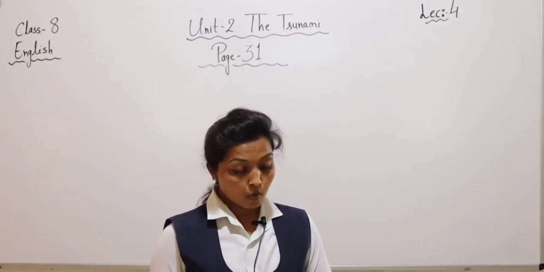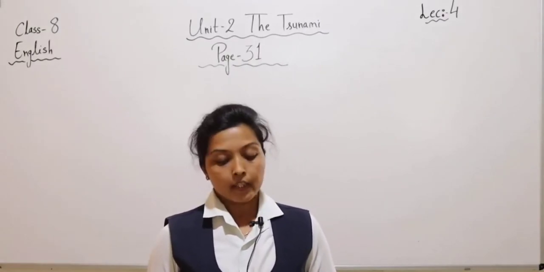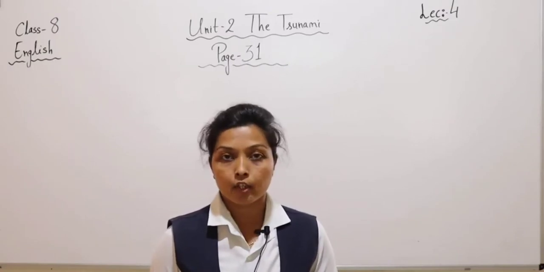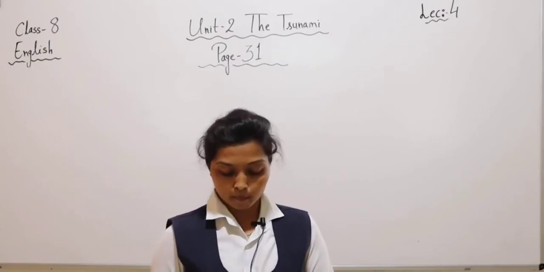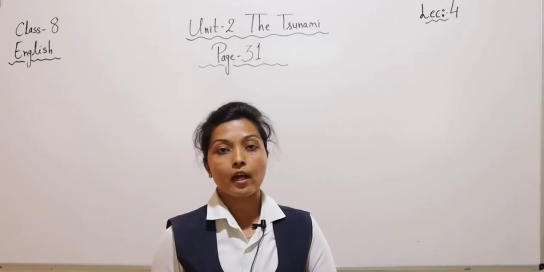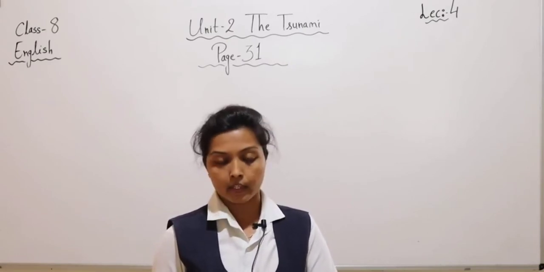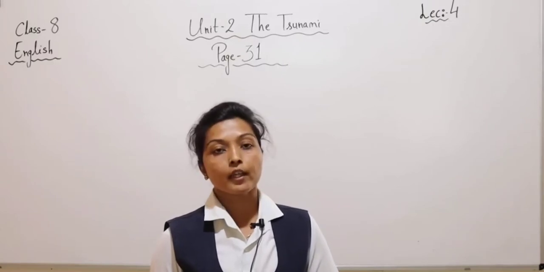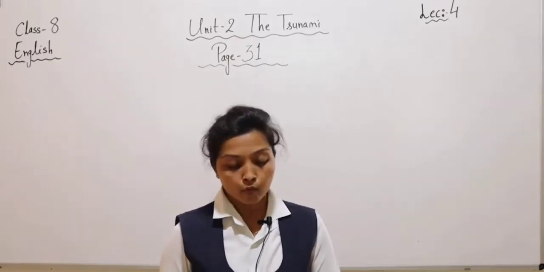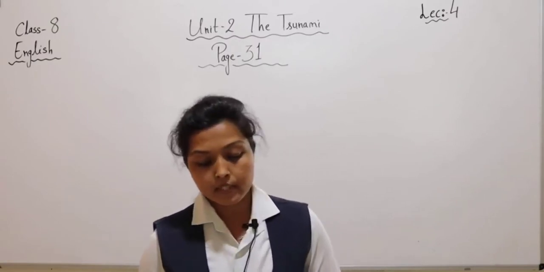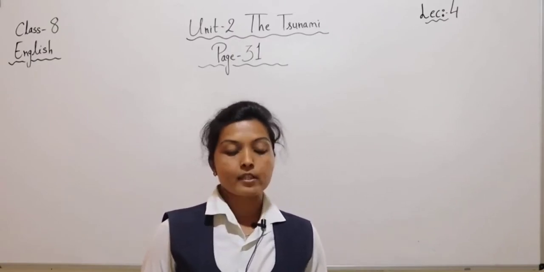So the verbs are in the active form, and the sentences are in the active voice. Column B has verbs in the active form, and column A is given in the passive form, the passive voice.